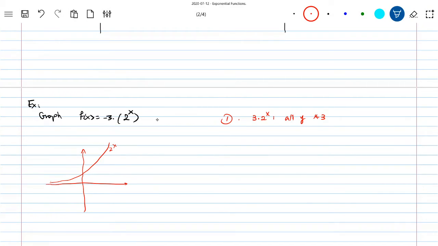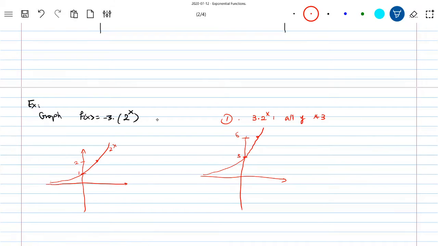This means you're stretching the graph along the y-axis. You're rescaling the graph. So what happens if you do that? This point 0, 1 multiplies by 3 and it becomes 0, 3. If there is a point here with the y value of 2, that point will rescale to 6. It'll be here. So all the y values get stretched.